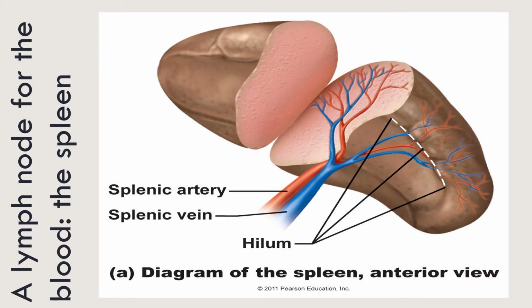now lymph nodes are great for processing lymph, but what about the rest of the blood? That's why we have the spleen. The spleen, once again, has a lot of these features that we've discussed. It's got a hilum here, okay. It's got a cortex and the medulla, area there.